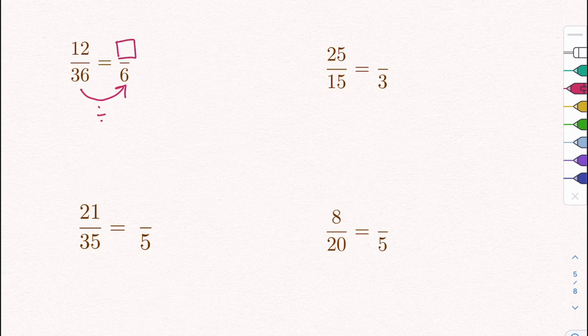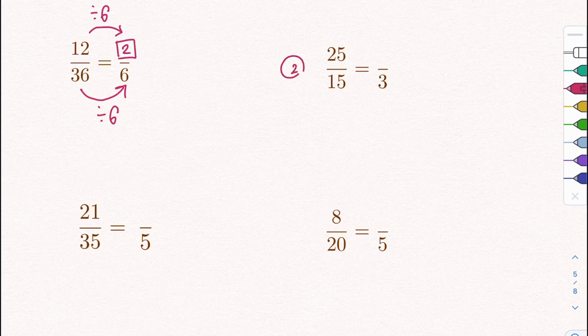So 36 divided by something equals 6. And what is that something? The answer is 6. 36 divided by 6 equals 6. So it means that we now have to divide the numerator by 6 as well. So 12 divided by 6 is equal to 2. This means that 12 over 36 equals 2 over 6, and that these two fractions are equivalent.